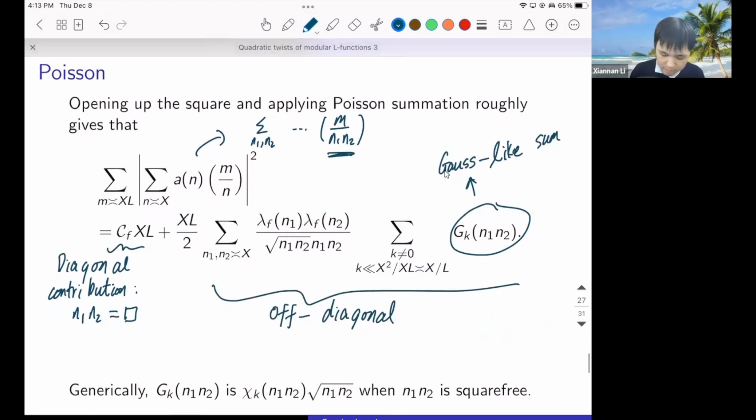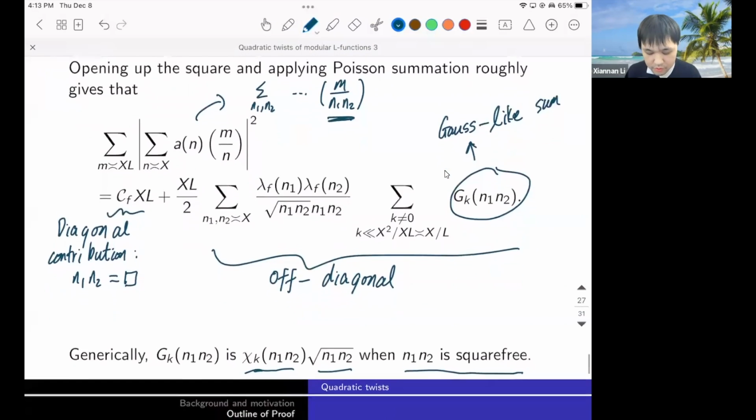This Gauss-like sum generically looks like a quadratic character times the square root of n1 n2, at least when n1 n2 is square free. And it tends to vanish when n1 n2 is not square free. So that's what it looks like.